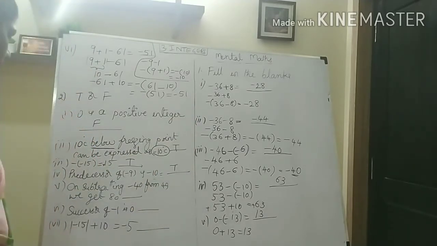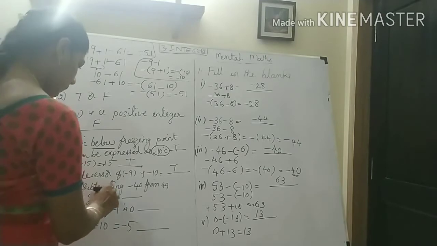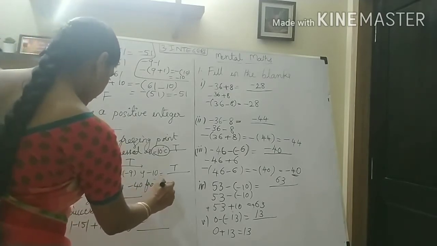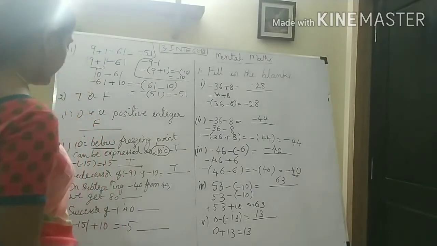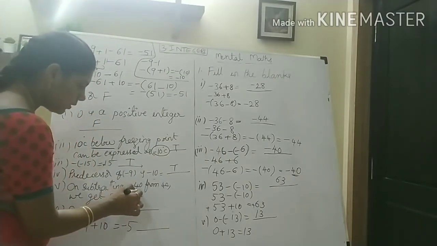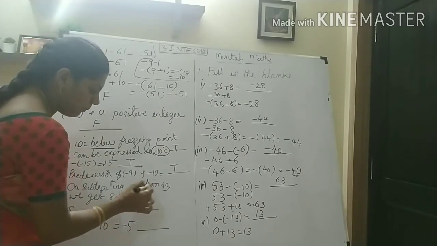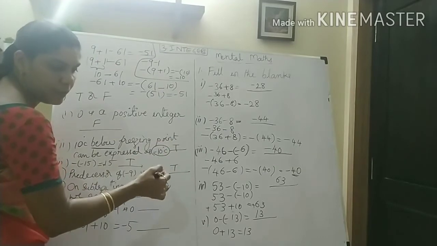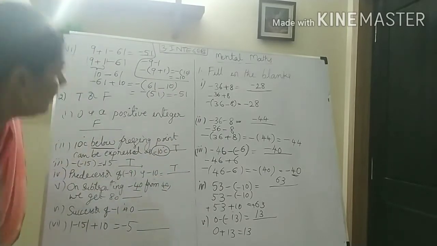So true. Now see, on subtracting minus 40 from 40, we get 80. Subtracting minus, clearly observe here, we have to subtract the first number from the second one. So we have to write the second number first.